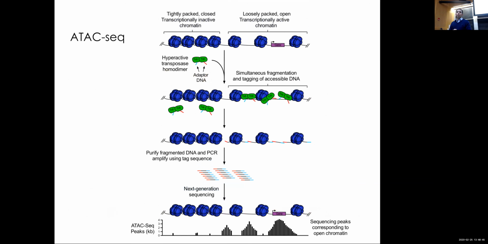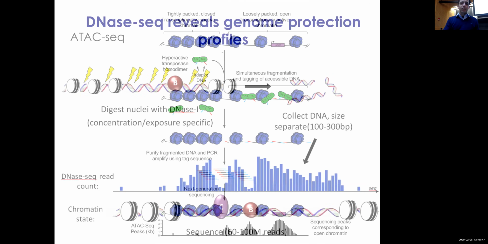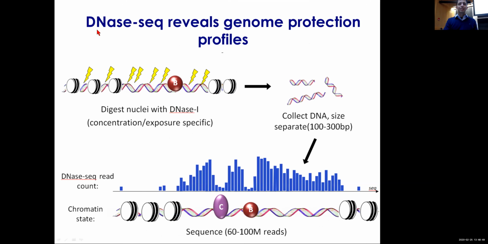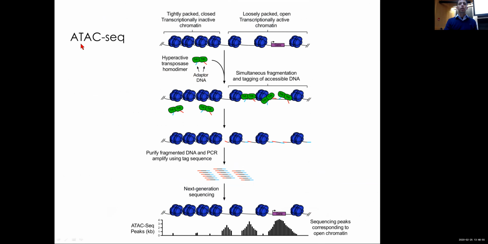Awesome. So this is DNA digestion that uses the enzyme DNase. And there's another way of probing accessibility, which is using transposase. Transposons are mobile selfish elements that replicate within our DNA.